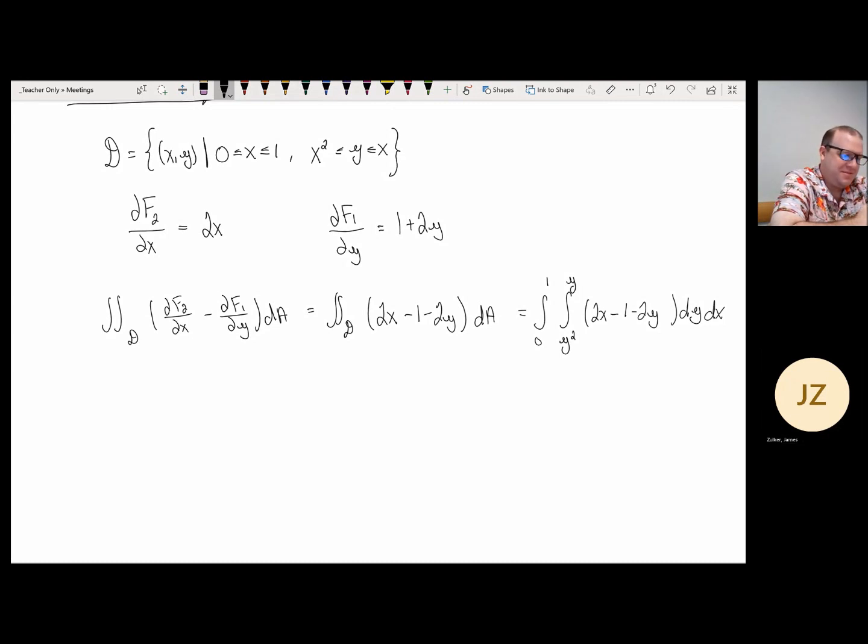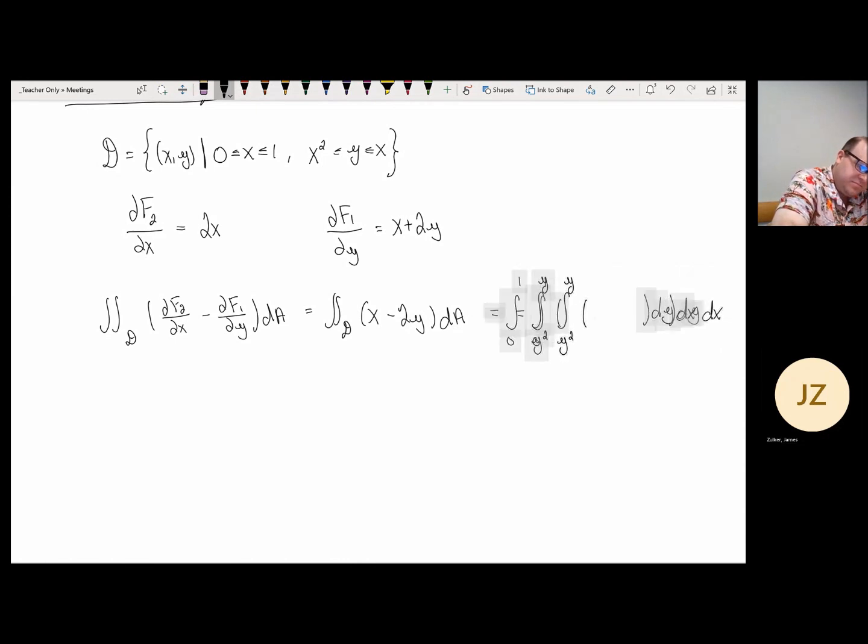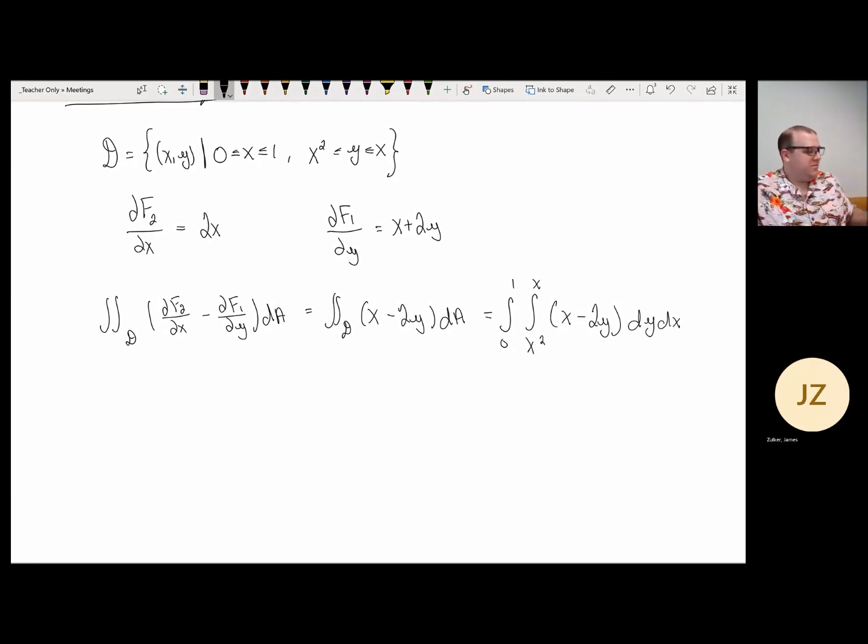The integration for f1 should be x plus 2y. For some reason I wrote y instead of x. This feels like a Monday morning instead of a Thursday morning.